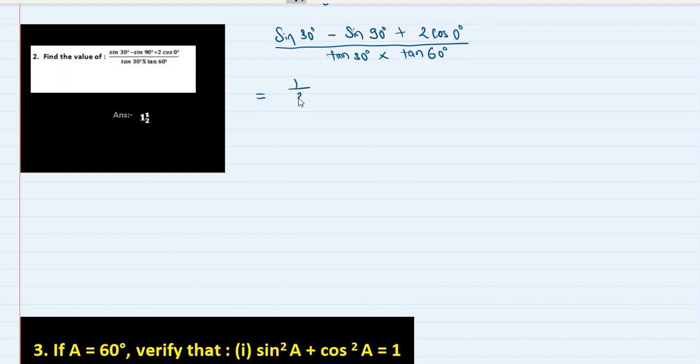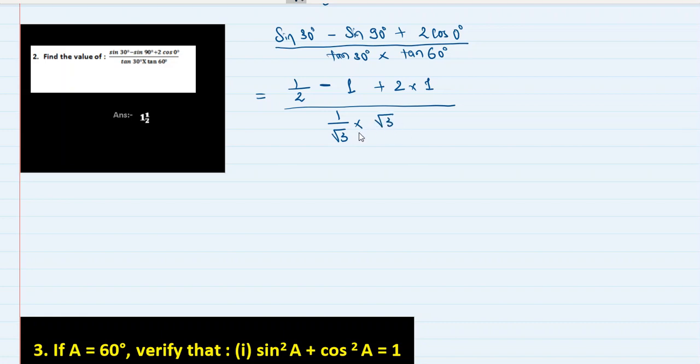Sine 30 is 1 by 2, minus sine 90 is 1 plus 2 cos 0. Cos 0 is also 1. Tan 30 is 1 by root 3 times tan 60, which is root 3.